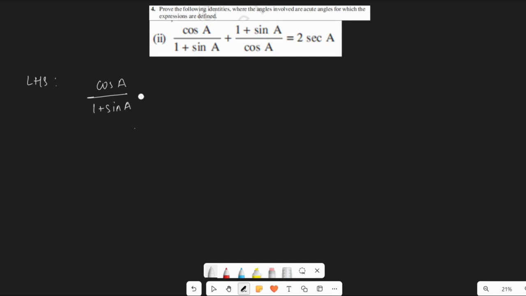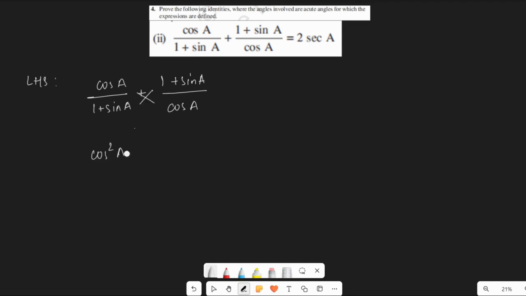Now with the second question, we are given cos A by (1 plus sin A) plus (1 plus sin A) by cos A, and we need to prove it equals 2 into secant A. So take the LHS, that is cos A by (1 plus sin A) plus (1 plus sin A) by cos A. It is a pretty simple one, so just cross multiply.